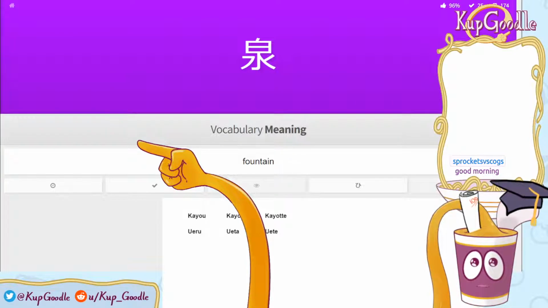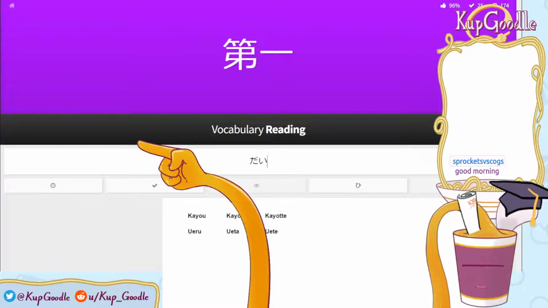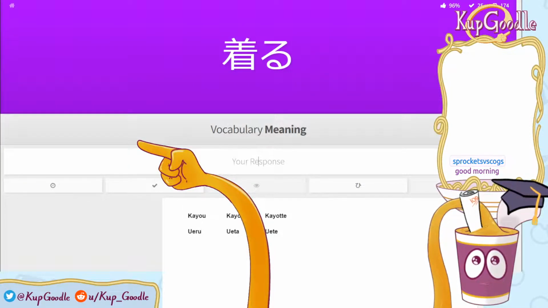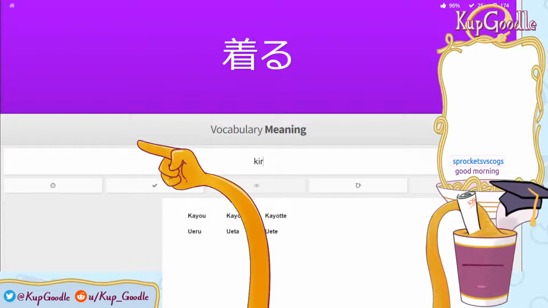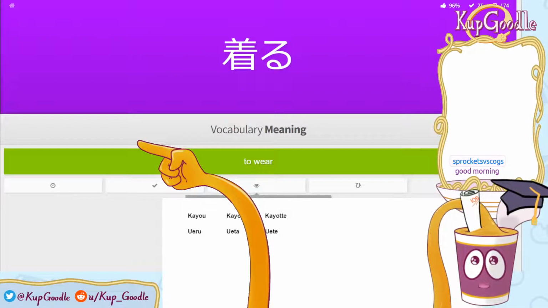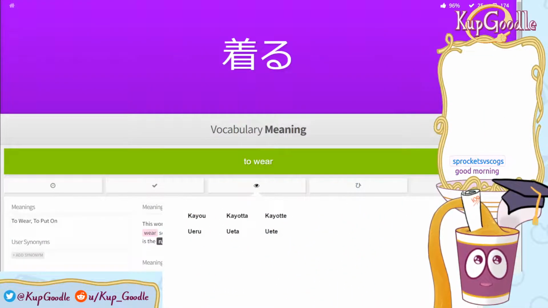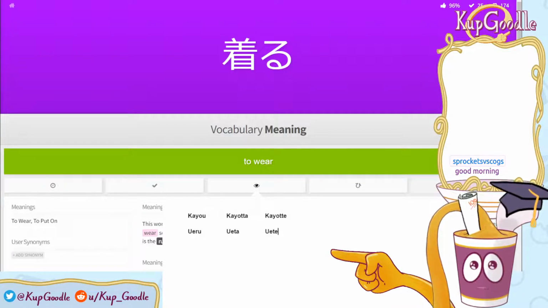Daiichi. Kiru. Kiru is to wear. I believe that is a godan verb. Ichidan verb. Oh, really? Maybe it was a different kiru that I was thinking of.